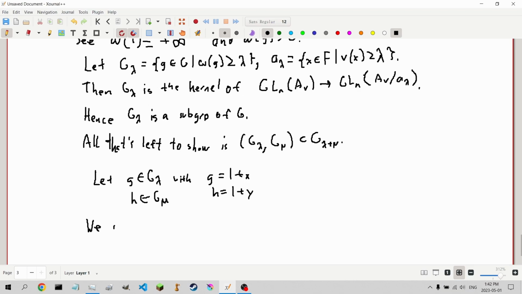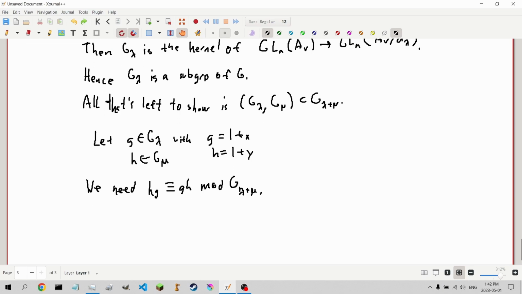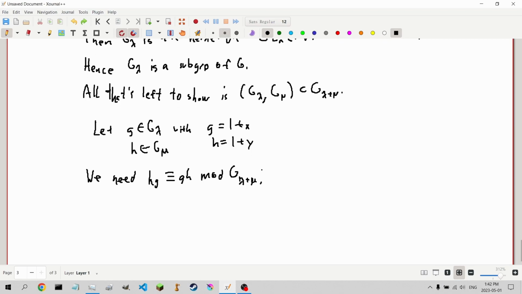And so we need HG to be equivalent to GH under this mod G lambda plus mu. And we have that HG is equal to, we can just FOIL out the product, and GH.